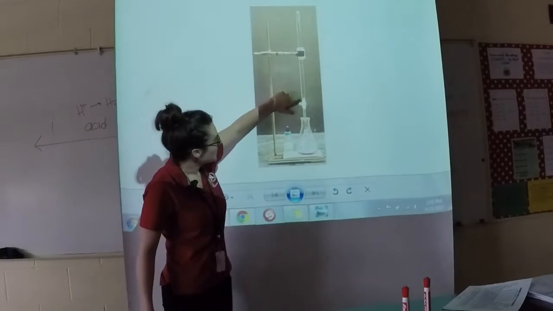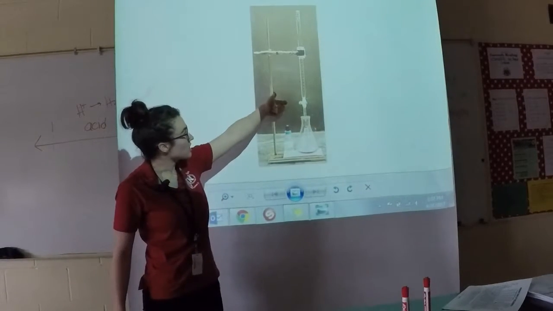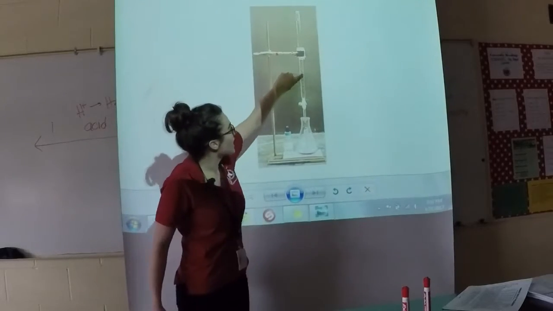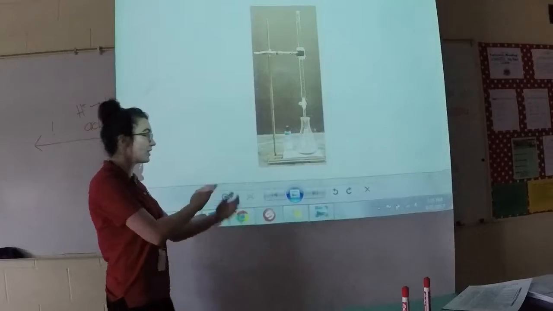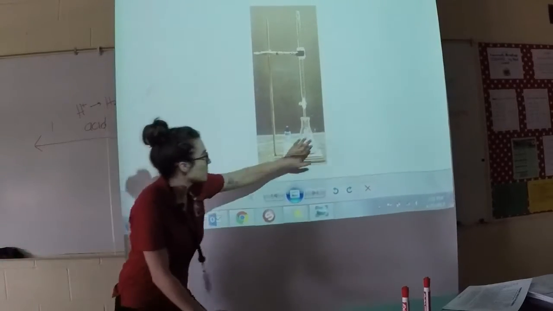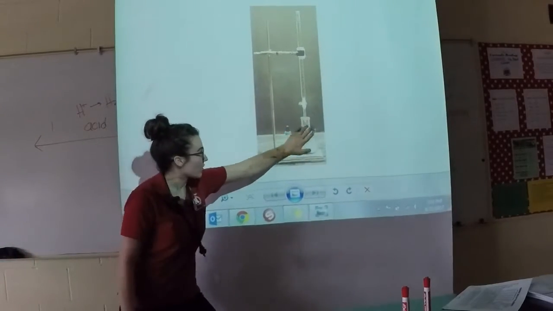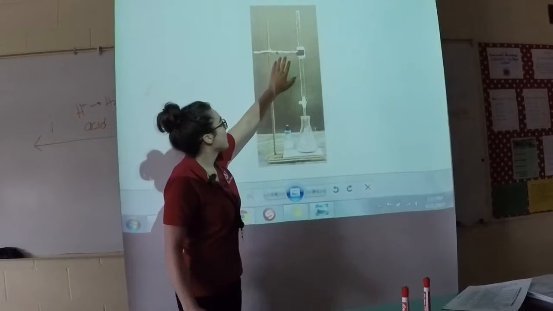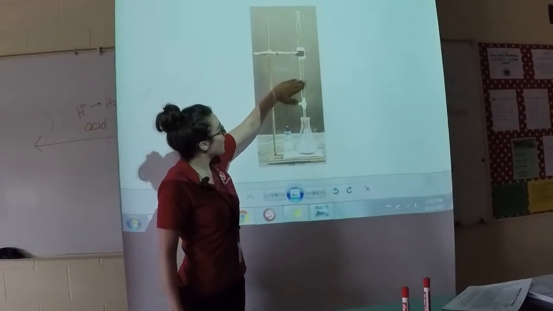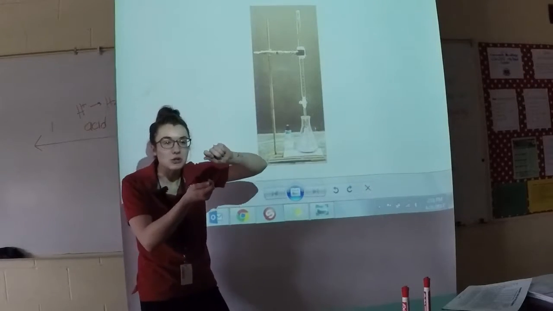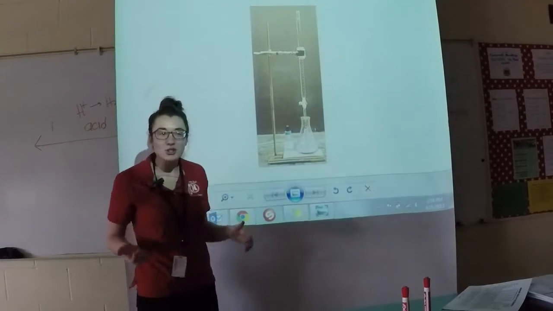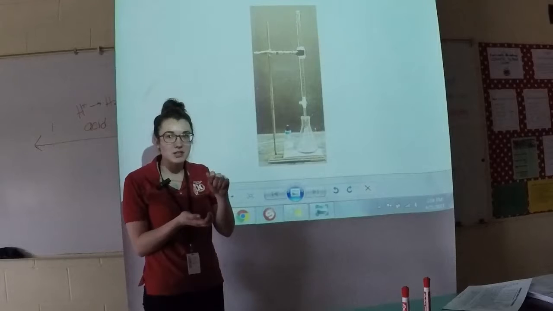At the end, it has a little lever that you can turn, and whatever liquid is inside the burette will go out into the flask. So next class we're going to put some acid in our flask, and we're going to have base up here in the burette, and we're going to start putting some base into acid. All right? What eventually is going to happen if we put enough base into acid?